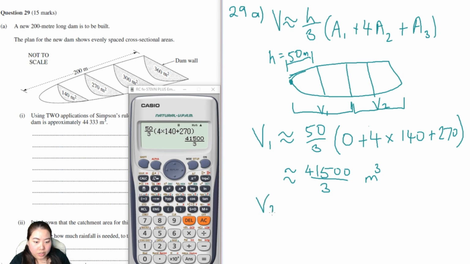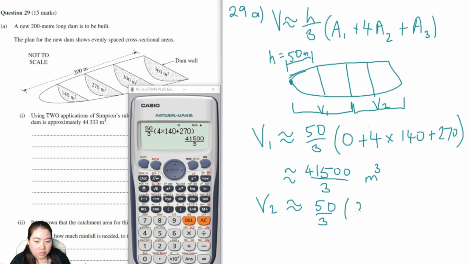Then volume 2, we're going to do the exact same thing, but with the measurements of the other areas. The height is the same, still 50 meters.